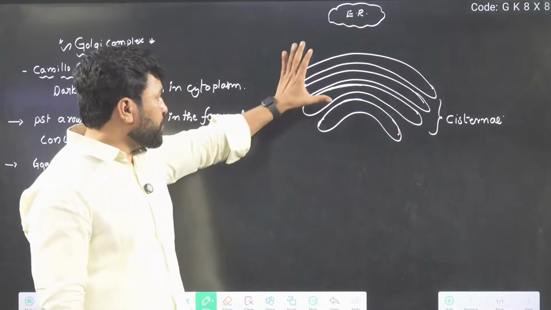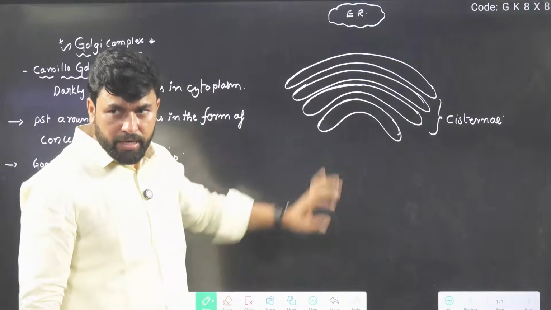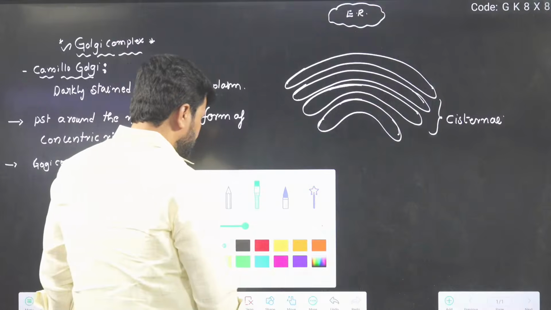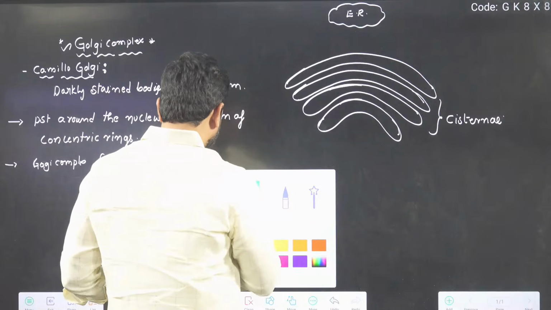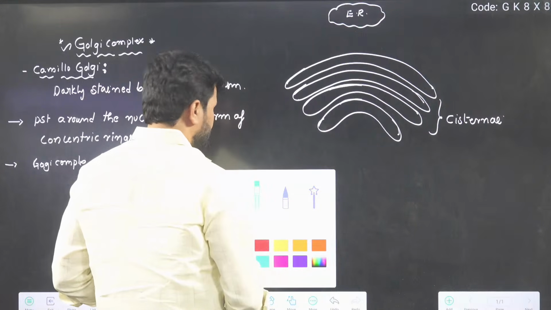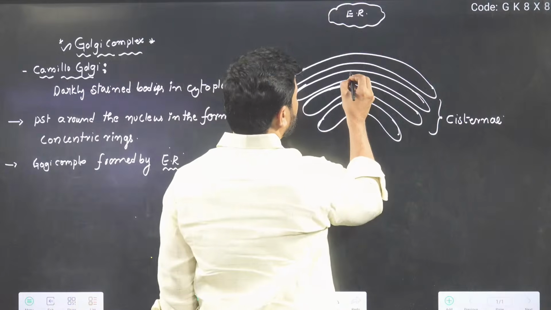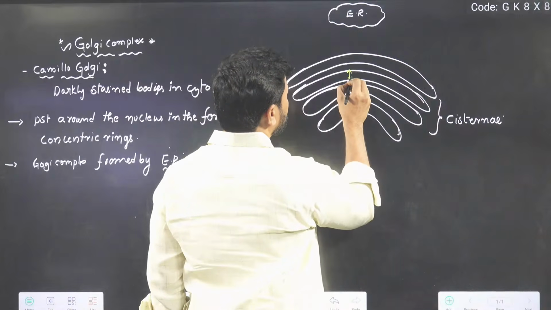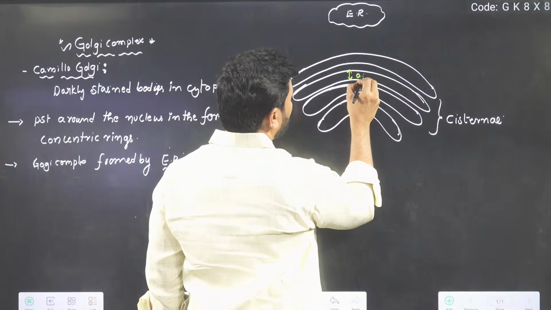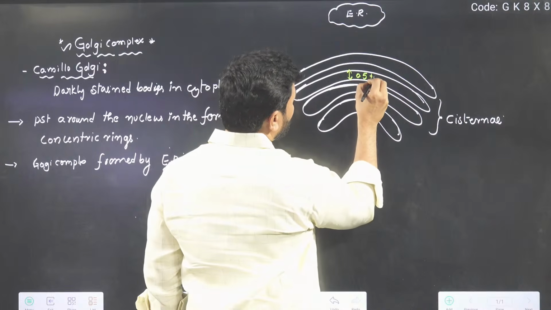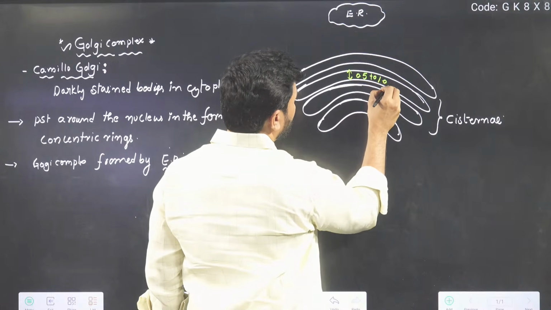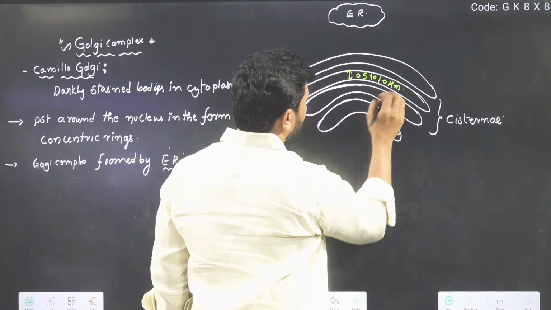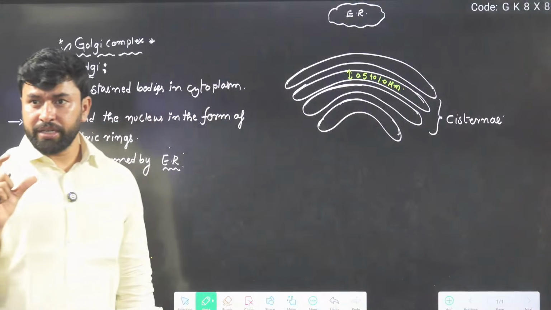Now, if you take the Golgi complex cisternae, one tube arrangement, for example one tube, it has some diameter. The diameter will be around 0.5 to 1 micrometer. One tiny tube.